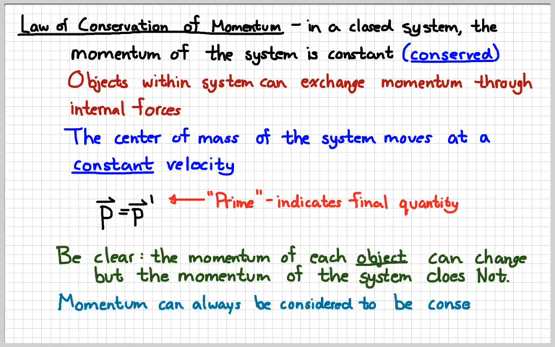If you choose your system carefully, momentum can always be considered to be conserved. Now that may mean you have to include the entire Earth as part of your system, or possibly even the entire universe, but there's always a system that can be identified in which momentum is conserved.